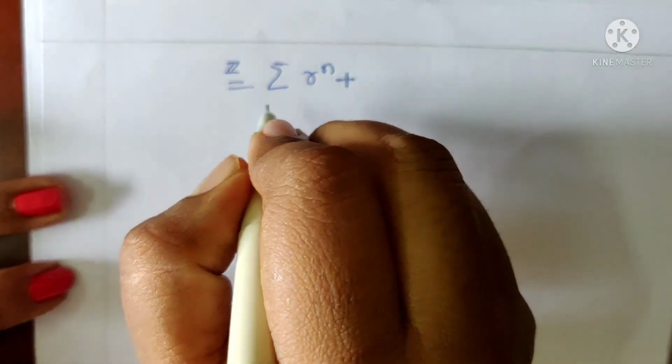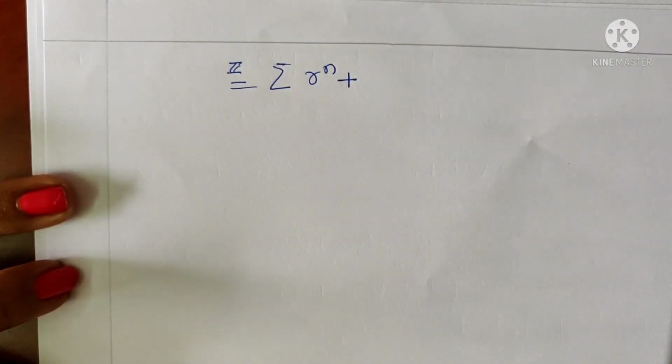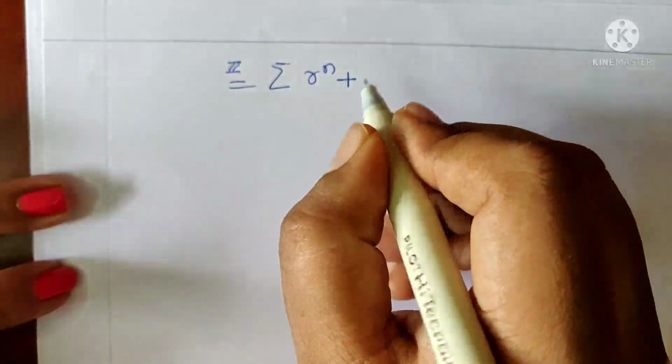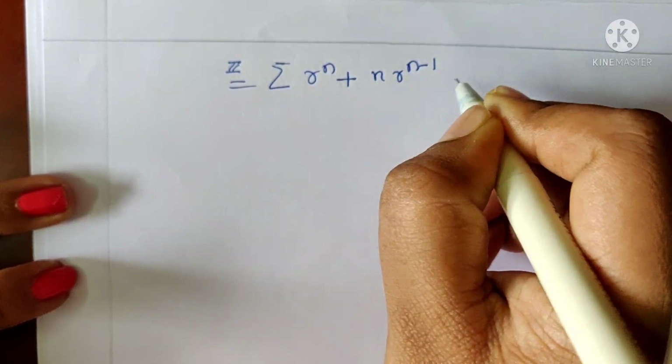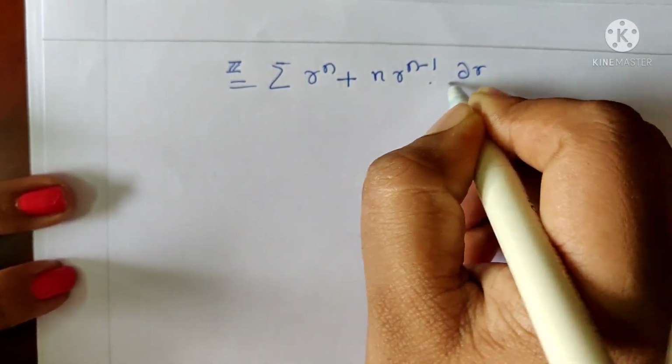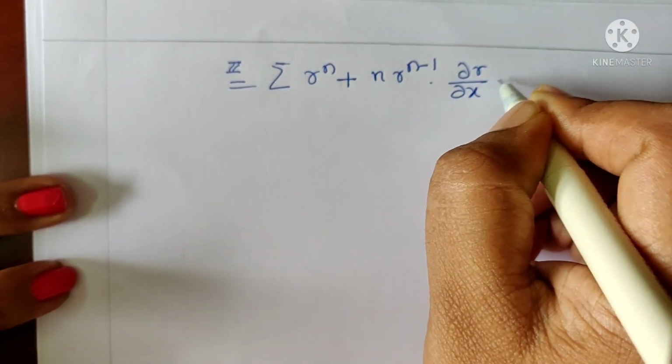Product rule. So when you differentiate partially r^n x with respect to x, in the first term keep r^n constant, the differentiation of x is 1, so it is r^n, plus differentiation of r^n is n r^(n-1) ∂r/∂x into x.